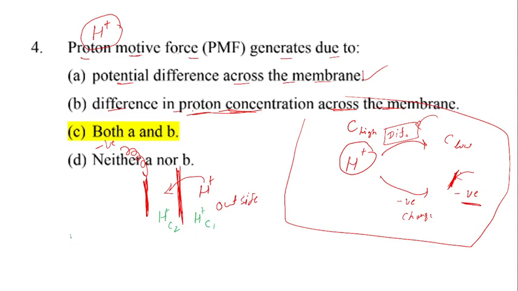If H plus C2 is lower than C1, then this is the bigger concentration, so the hydrogen ion will move inside. It moves inside due to concentration, or diffusion. So both cases are explained here, and I think you can answer this question very nicely now.